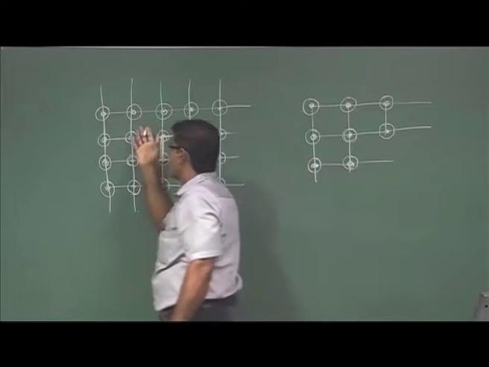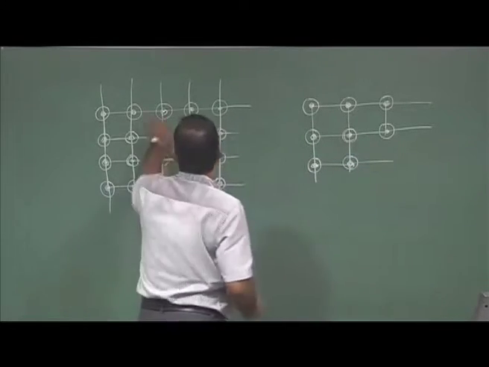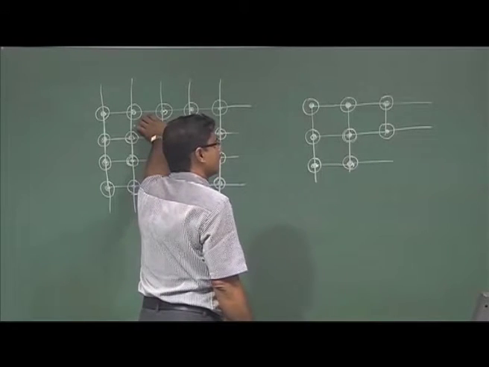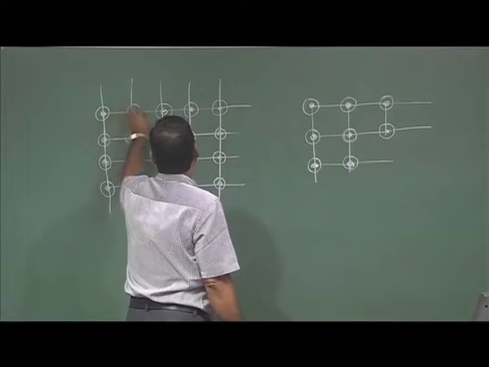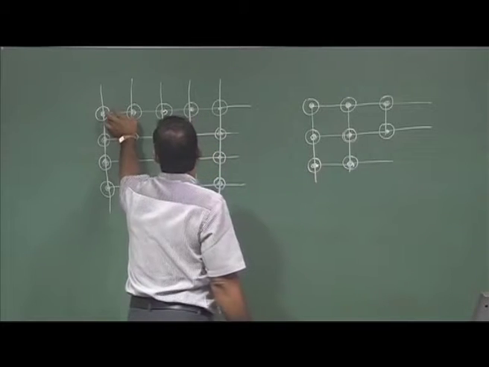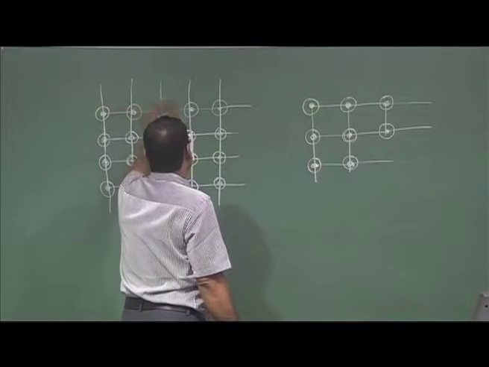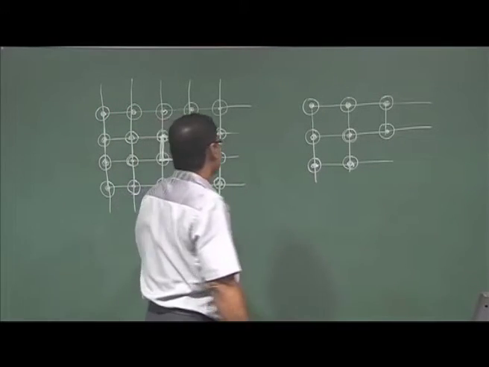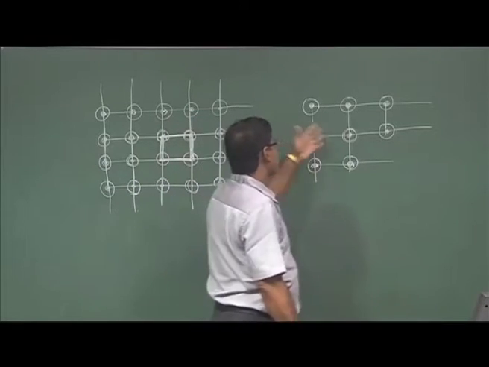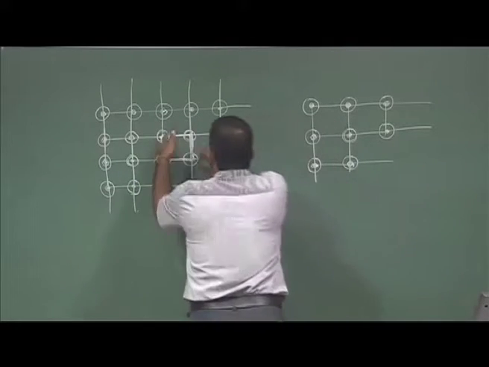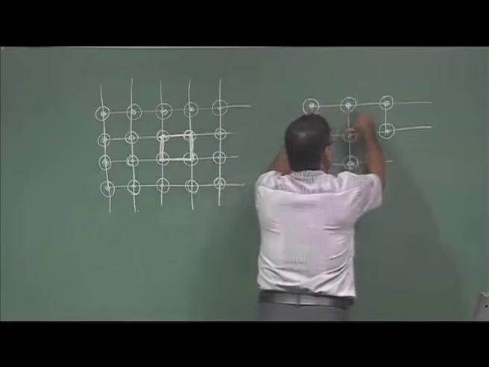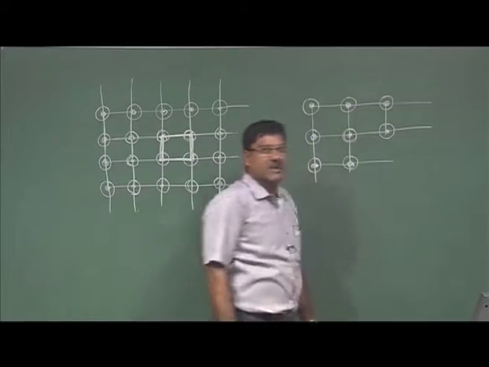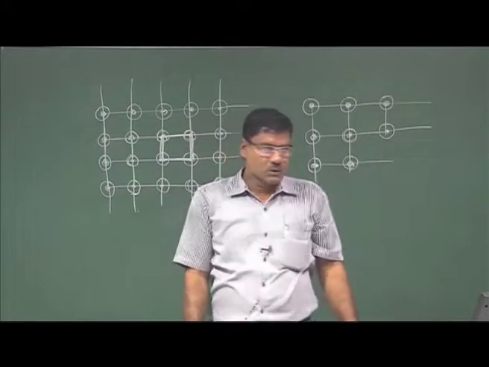Then you will get the same structure as we got by putting the atoms following the equilibrium distance, minimum energy. So, whatever structure we got, the same structure we will get if we repeat the unit pattern in space.